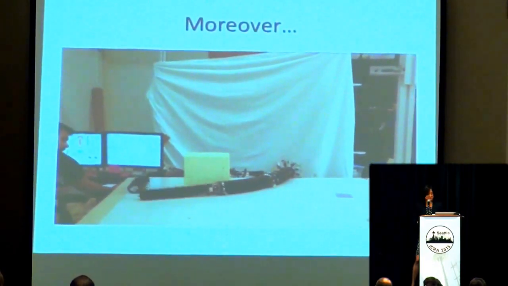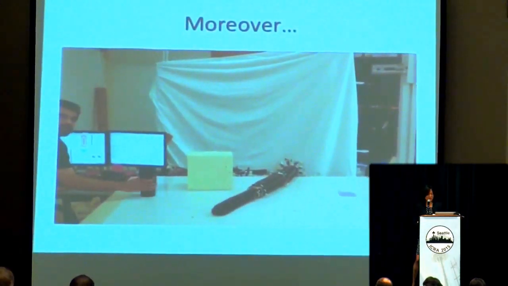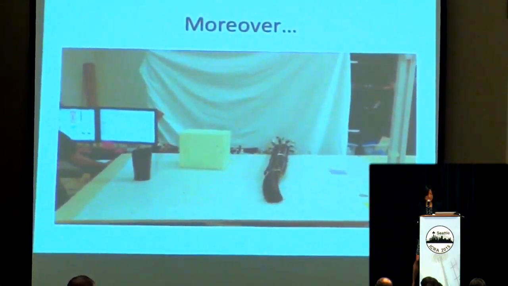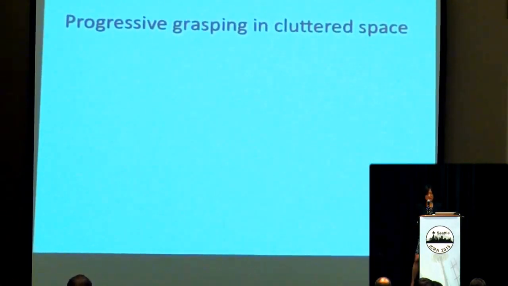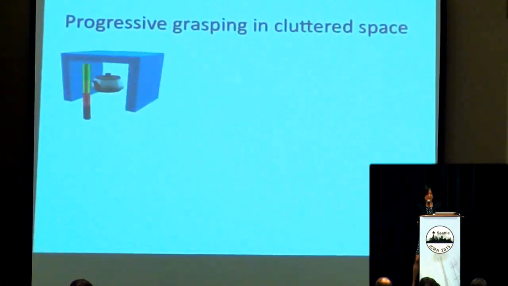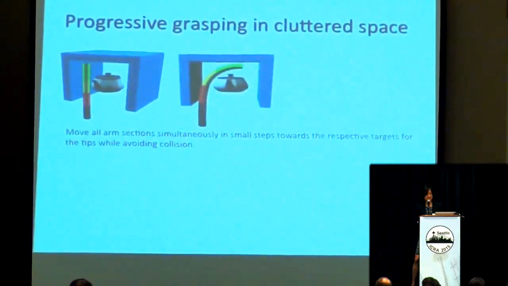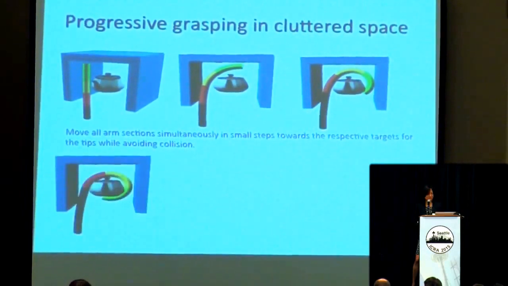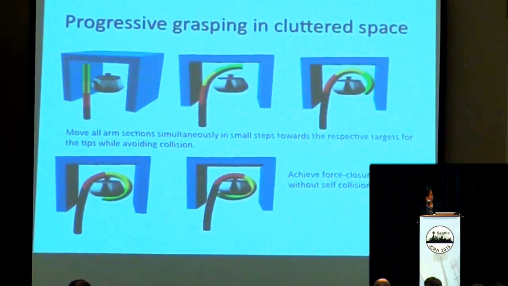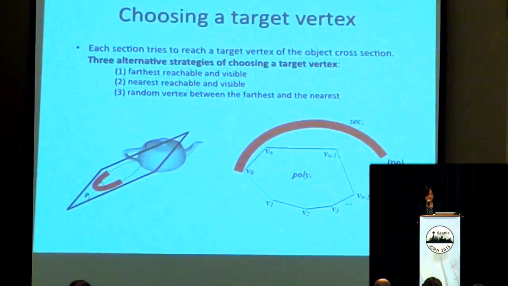So that inspires us to consider grasping in cluttered space, using minimum maneuver space to achieve a grasping effect. So from an initial configuration, we move all the arm sections simultaneously in small steps towards the respective targets for the tip of each section, while avoiding collision, and eventually achieve force closure grasp.